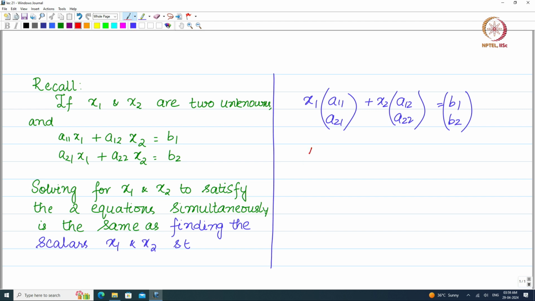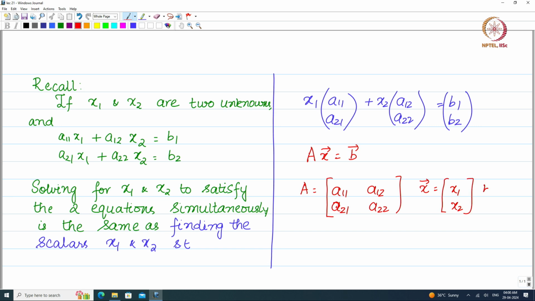We looked at this as Ax is equal to b, where A was the coefficient matrix, the vector x was x1 x2 and the vector b was b1 b2. We had some more discussions on this.